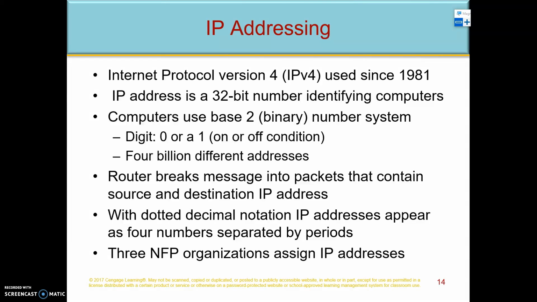Routers break the messages again into packets that contain the source and destination IP address. In dotted decimal notation, an IP address appears as 4 numbers separated by periods. So an example would be an IP address of 192.168.1.1. That's what your computer recognizes.